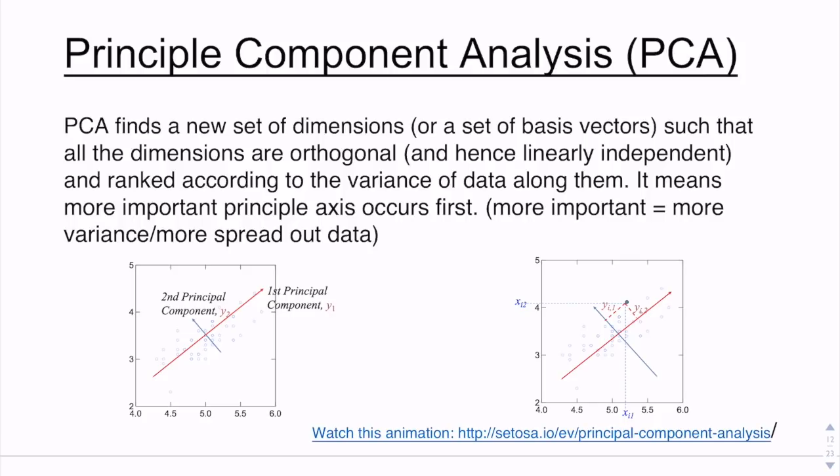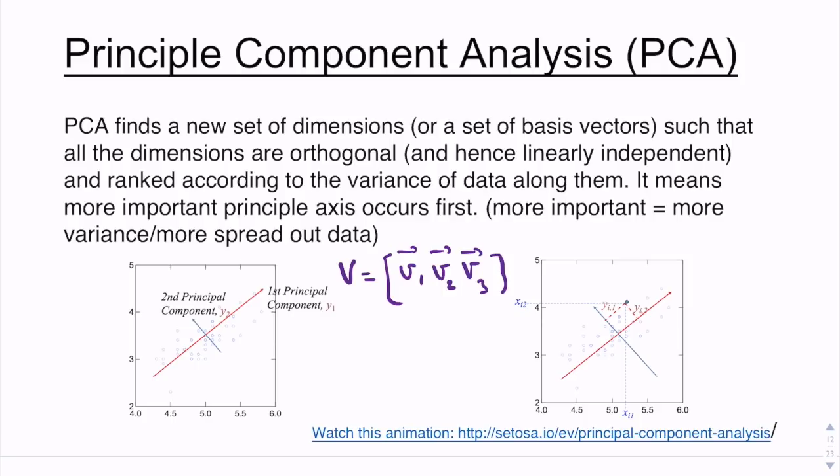Let's say I get V as V1, V2, V3. These are vectors, eigenvectors.